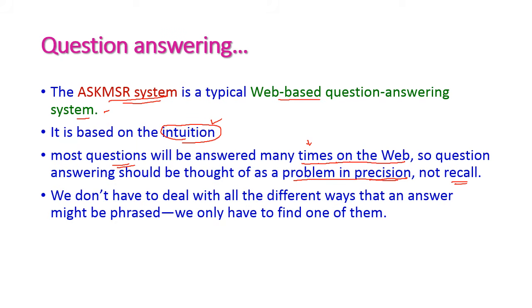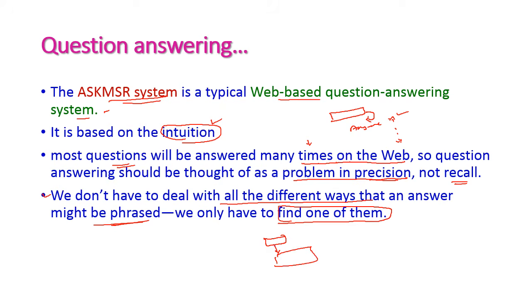That means if we post a query, it will immediately give an answer in short form. It will not give all the documents related to this query. We don't have to deal with all the different ways an answer might be phrased, but only find one of them. That means if we give one single query, it will give one suitable answer for this query, that's all.